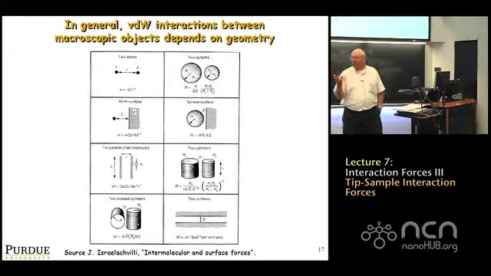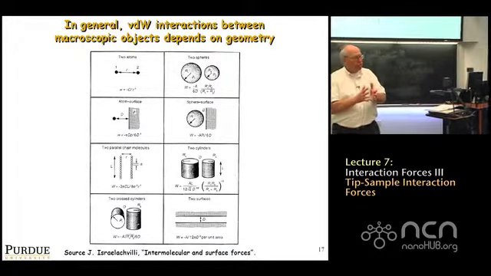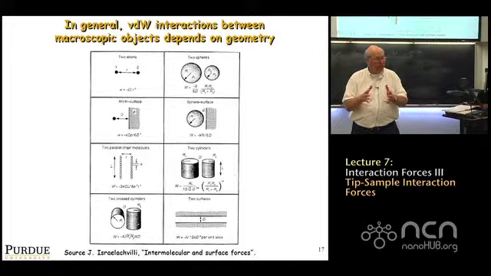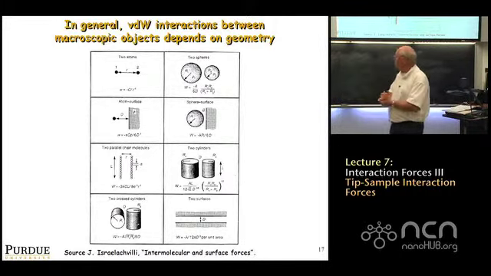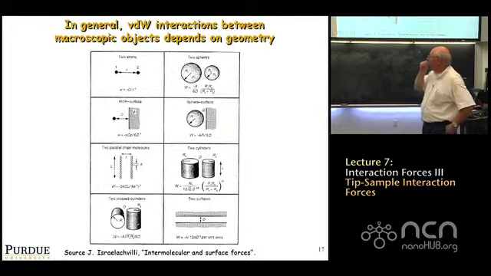I should say that in general, how two electrically neutral solids interact is a complicated problem, and it involves the detailed geometry of the two bodies. If you've seen Israelachvili's book, he's got a very nice table where he shows interactions between various objects.